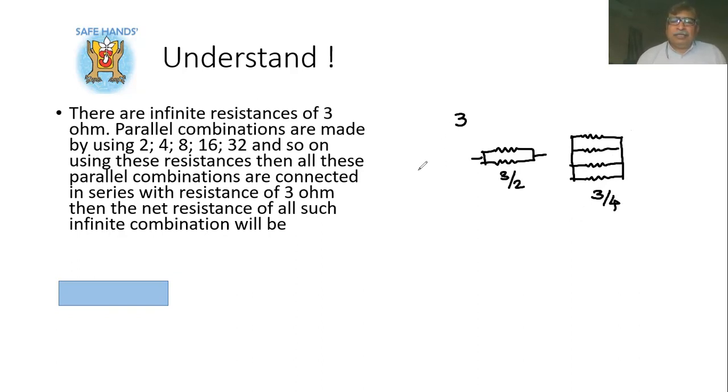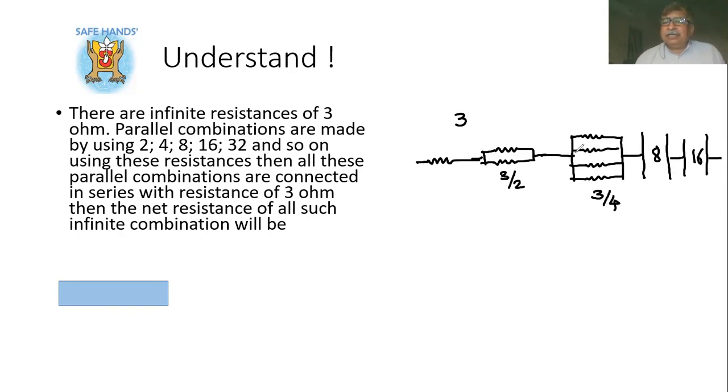Now, as it has been said, all these parallel combinations are connected in series with the resistance of 3 ohm. So here I have a 3 ohm resistance connected to a parallel combination of 2, connected to a parallel combination of 4, then 8, then 16, and this continues up to infinity.